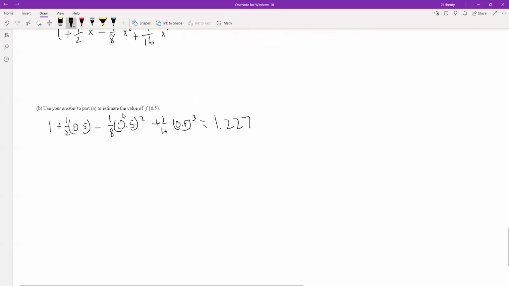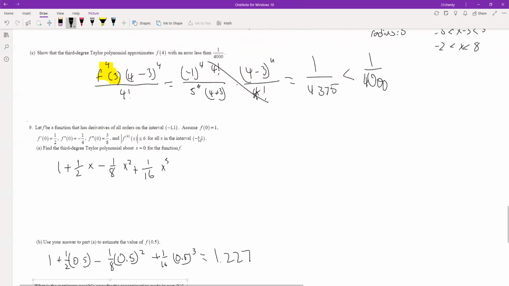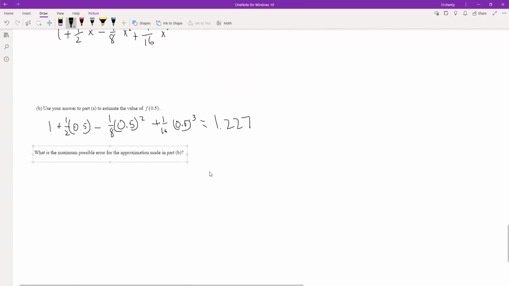And then part C of this is the maximum possible error. So this is just a Lagrange error bound, and we can see in the original problem that the absolute value of the fourth derivative of x is less than or equal to 6, so 6 is our maximum.